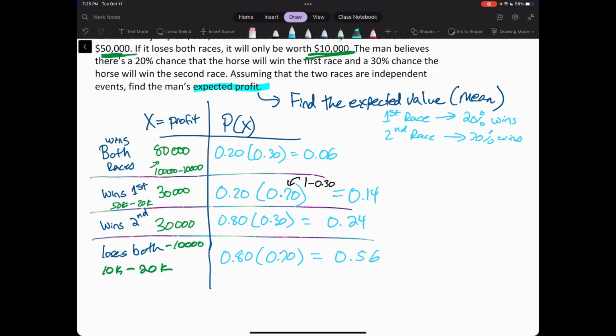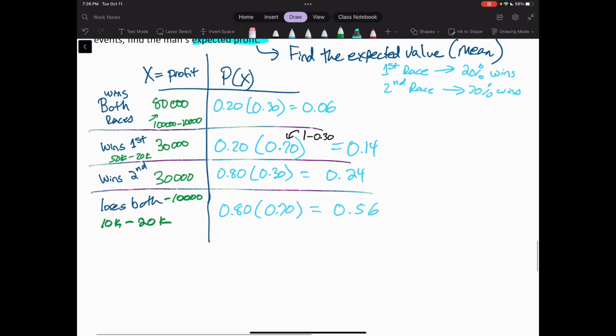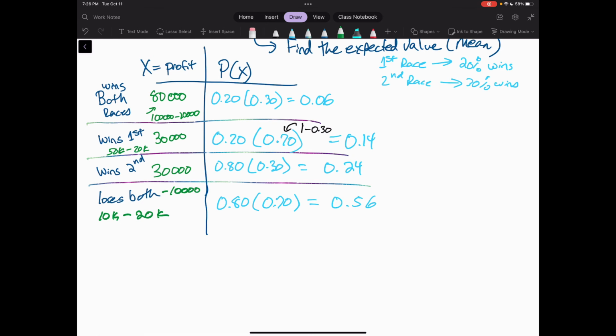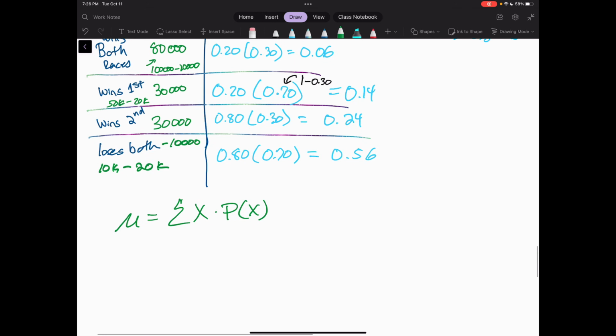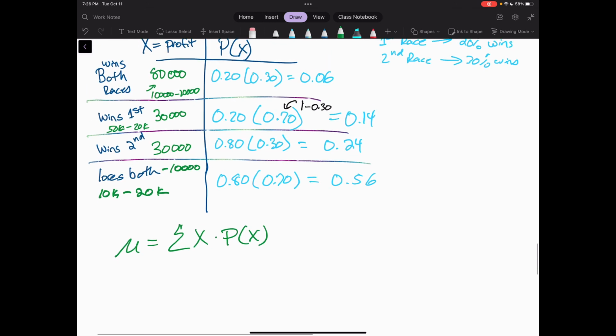Okay, so to me, that's the hard work in this, is figuring out how to get this table filled out. Now that we have the table filled out, we can go ahead and calculate the expected profit, which is the mean. Once again, the mean is the summation of the value of x, in this case our profit, times the probability we get that profit. So what is that going to look like?